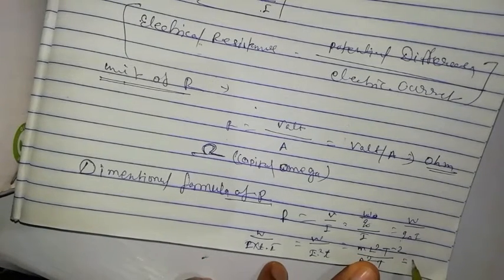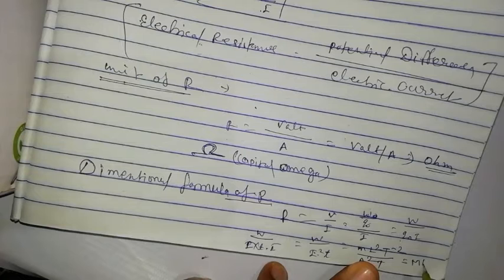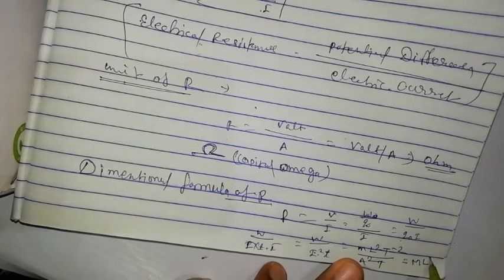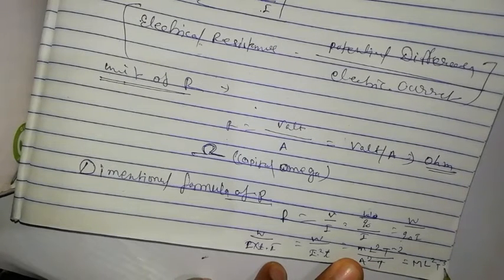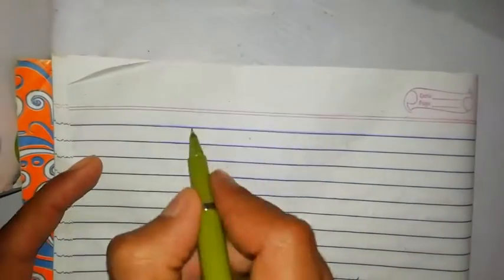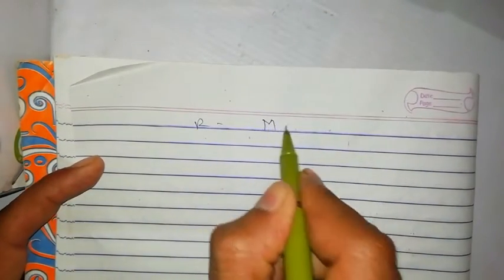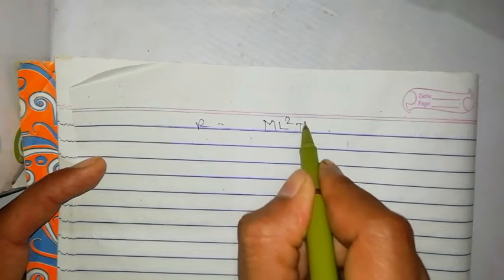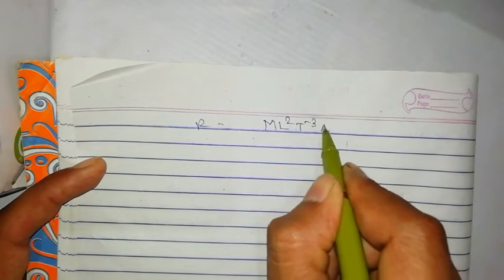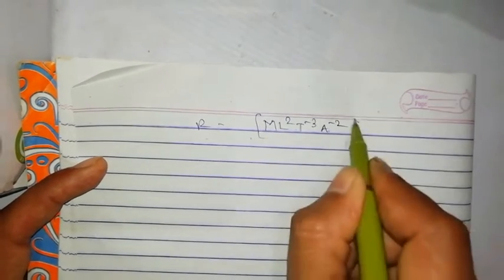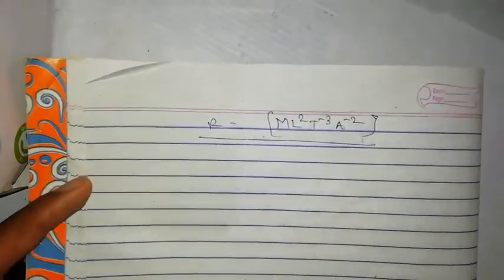Finally, we can write M L2 T minus 3 A minus 2. The dimensional formula of resistance R is M L2 T minus 3 A minus 2.